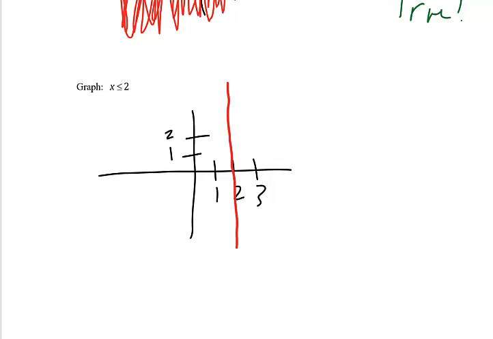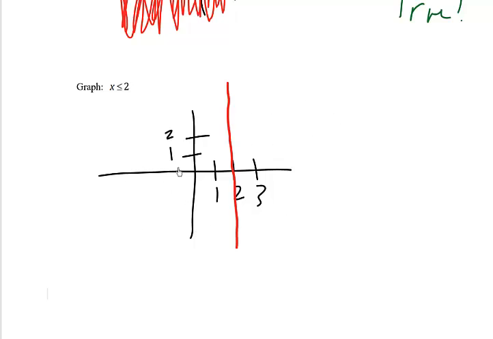Now I have to decide which side to shade. Well, this is where step 2 has to be tweaked just a little bit. Vertical lines are the only ones where I can't shade above or below. I can only shade left or right. And I don't think it's difficult to understand that if you have a less than, you're going to be shading to the left, and if you have a greater than, you're going to be shading to the right.